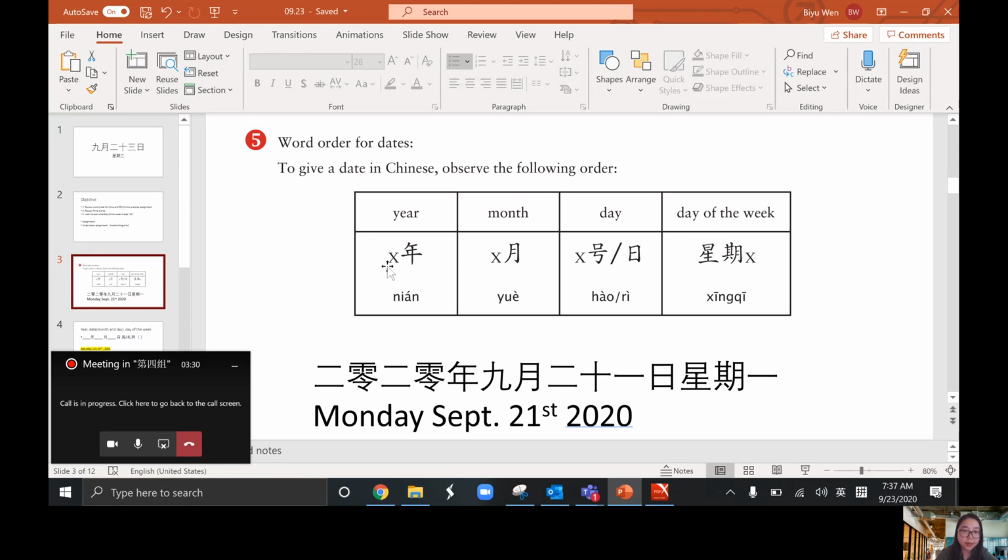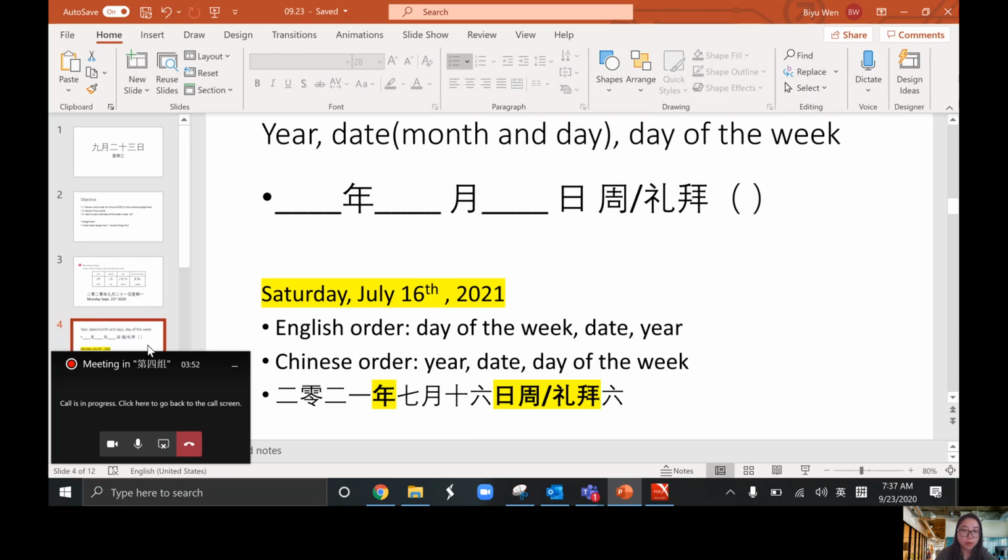Okay, so look at this chart. Year, 年, month, 月, day, 号 or 日, day of the week, 星期, plus we also learned 周 or 礼拜, right? So in the last assignment, what I asked you to do is to write down the dates in Chinese.